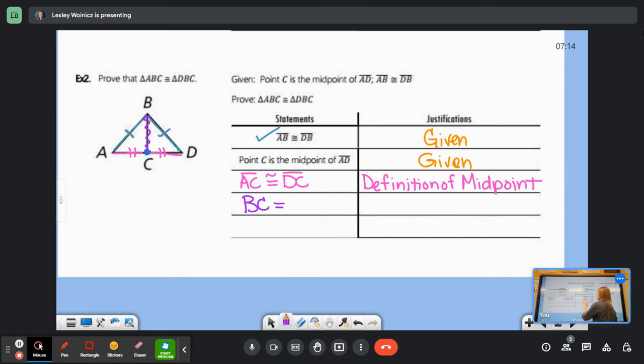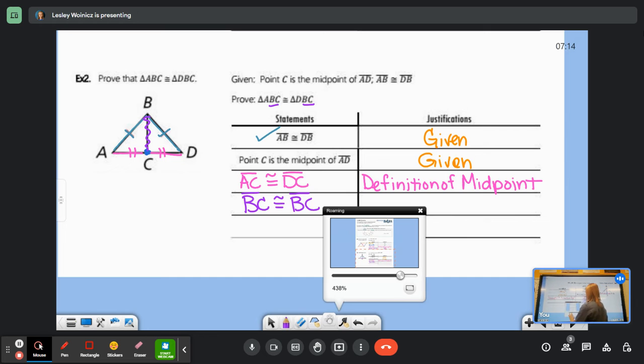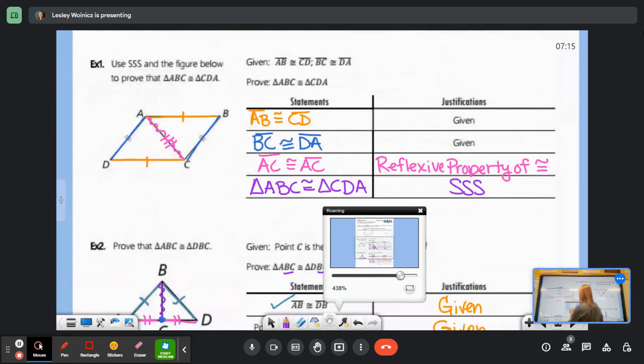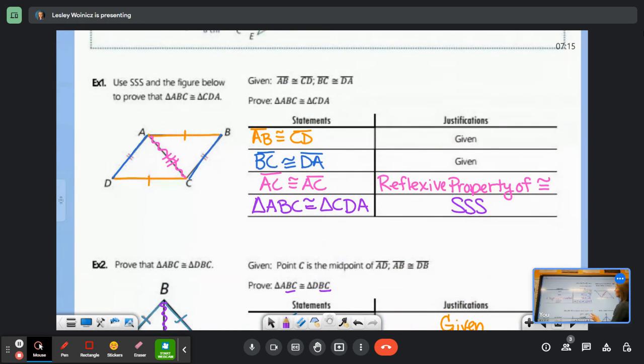BC is congruent to itself. And notice that I don't have to change the order of the letters of BC because it's the same in both of these triangles. I should probably check that, make sure I did the other one in the correct order real quick. Yep. Okay, nope, I messed it up. Wait. Yeah, I messed it up.